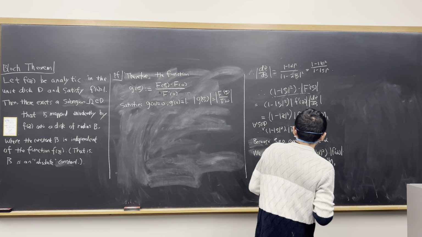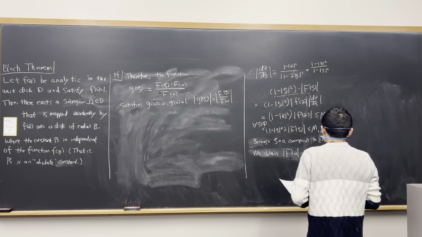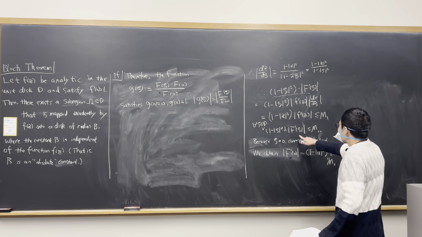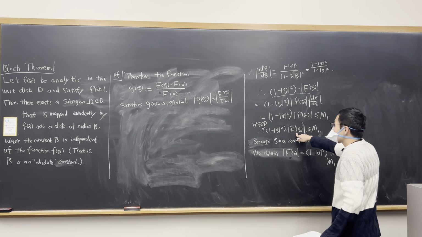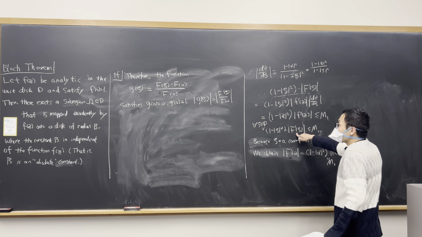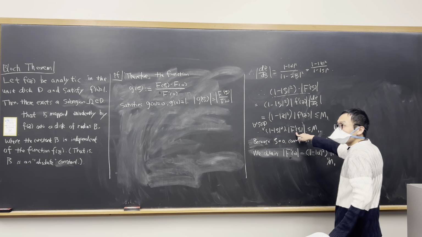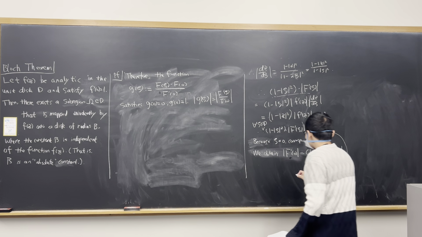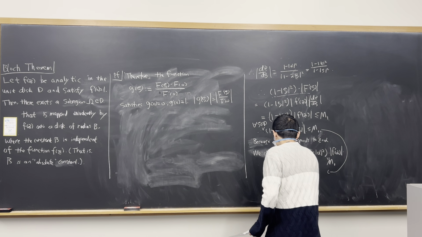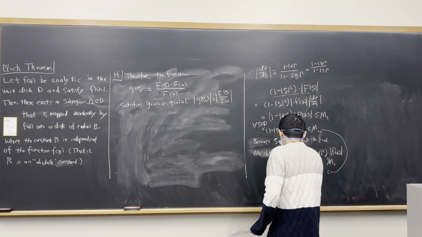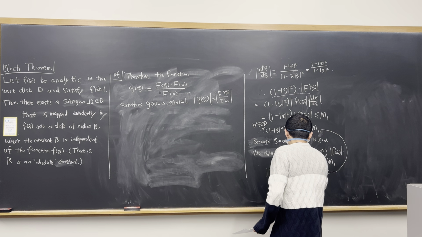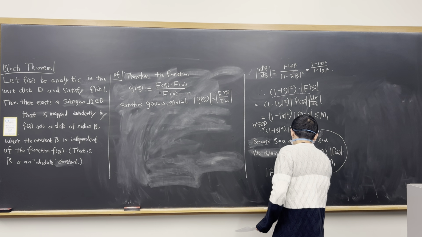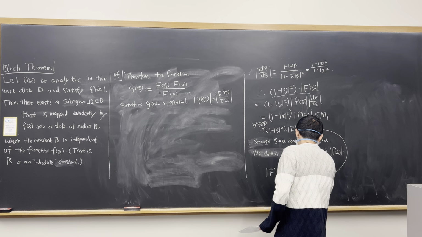Okay, I think I need a little bit of manipulation. So from here we know that we can say f prime zeta is less than or equal to m1 over 1 minus zeta squared, right?